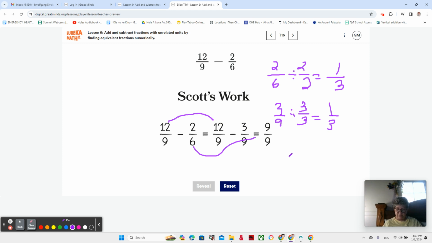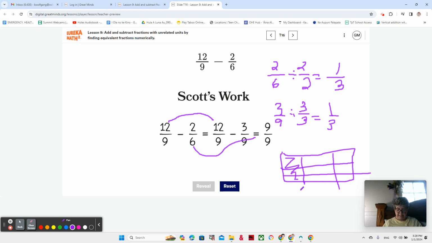So he was able to rename 2/6 as 3/9 because they're both equal to 1/3. So he didn't multiply 6 times something to get ninths, but he was able to rename it thinking about maybe an area model of 1/3, right? If I cut it 1 time, it's 2/6. And if I cut it 2 times, it's 3/9, right?